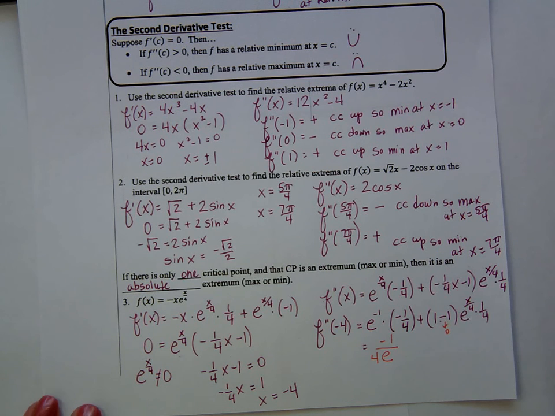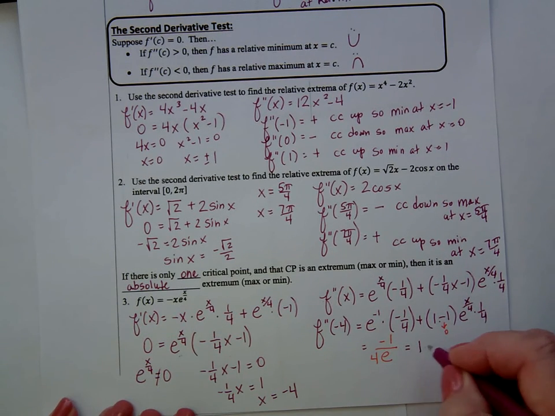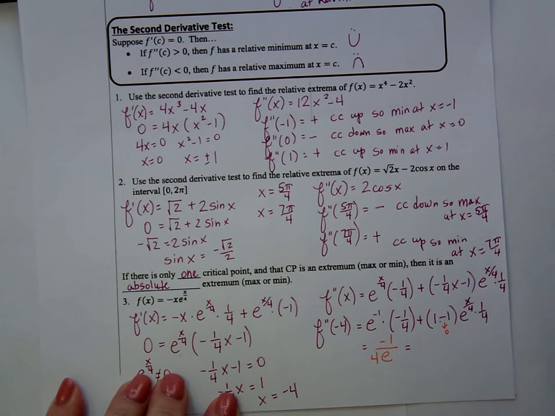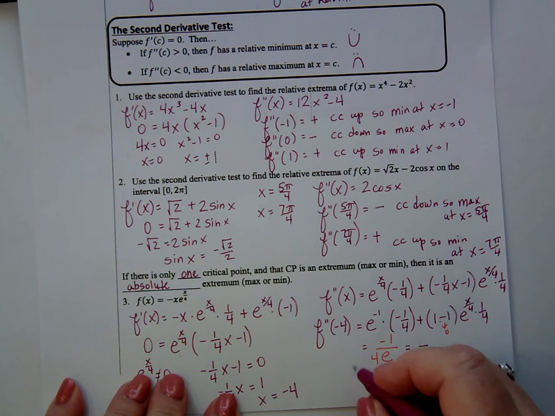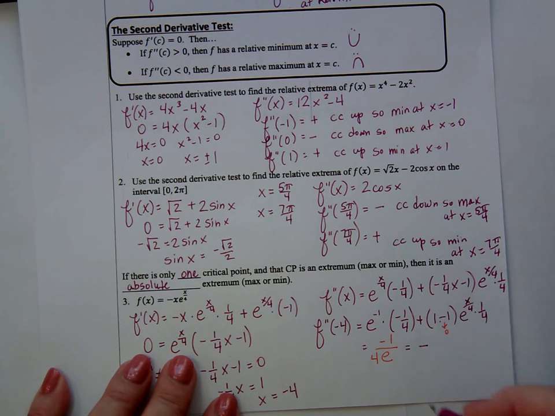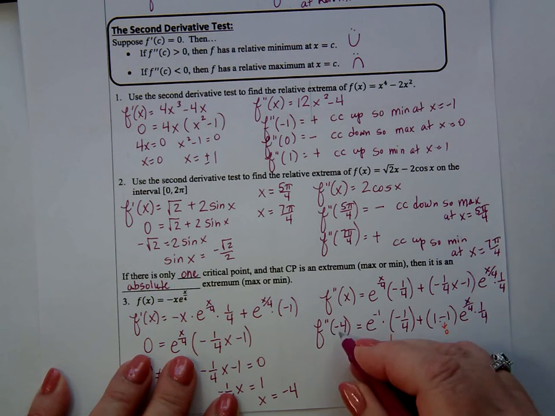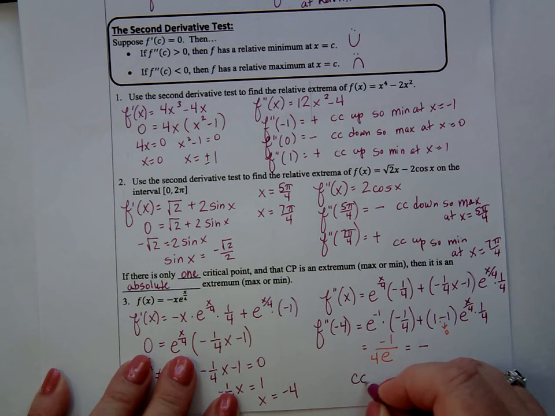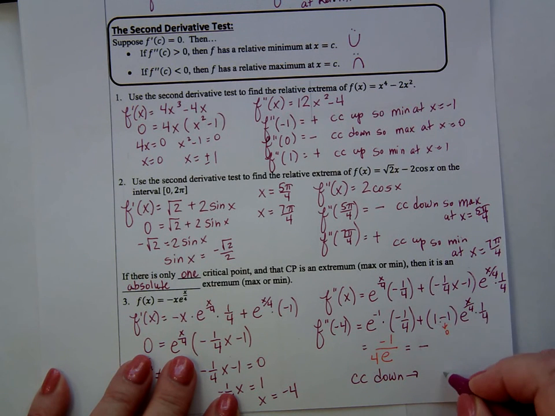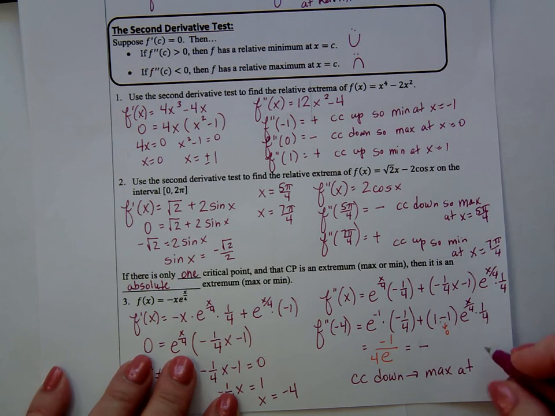Now e is a number that is represented by 2.718, so it's a negative over a positive, which means this whole thing is negative, which means it is concave down, right? My second derivative is negative, so I'm concave down, which means I'm a sad face, so I'm increasing then decreasing, which creates a maximum at x equals negative 4.